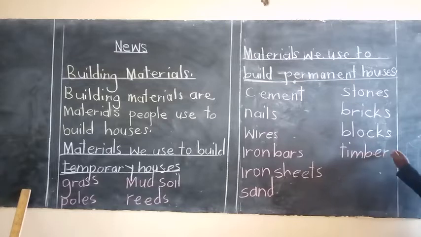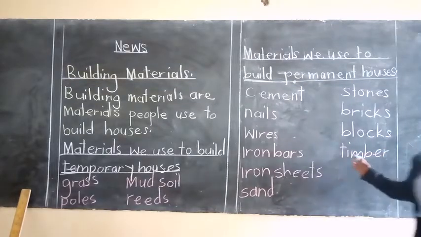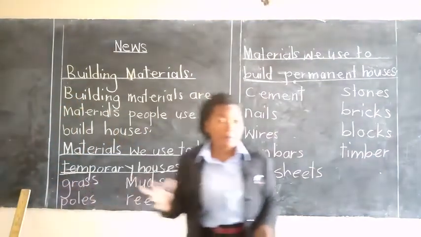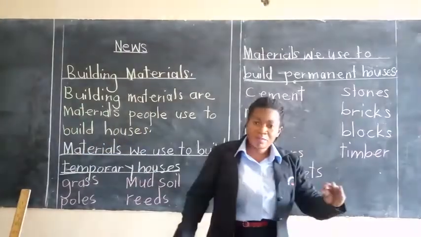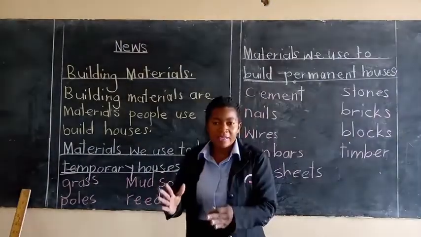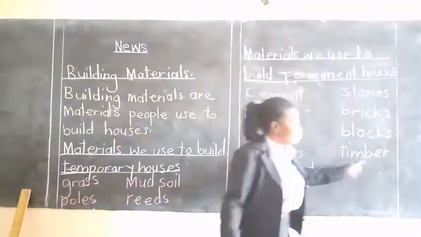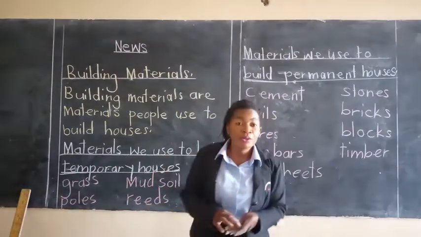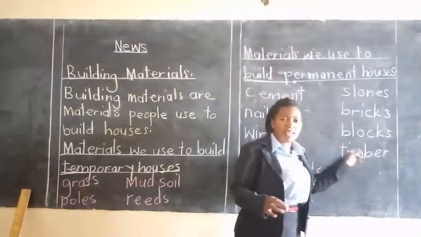They get timber from the forest, from those big trees. They cut the big trees down, begin chopping them into pieces, and then they get timber. So they bring them as a building material to build a permanent house.